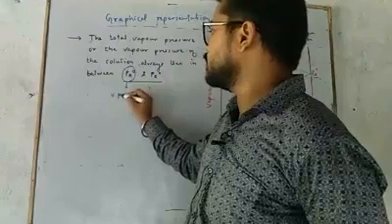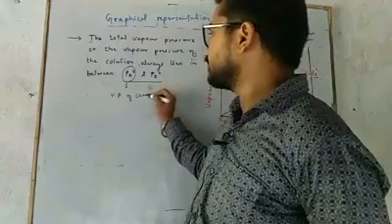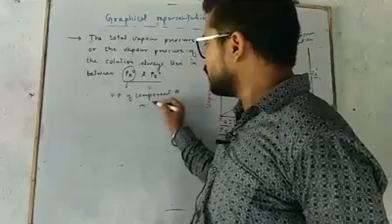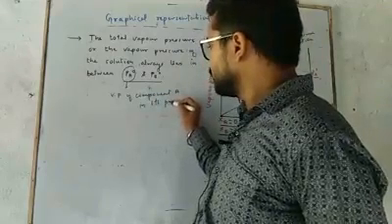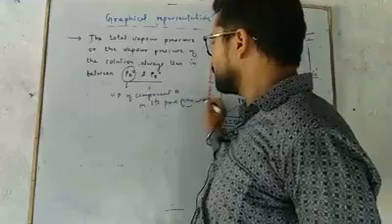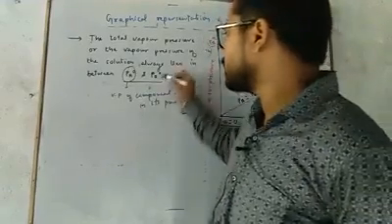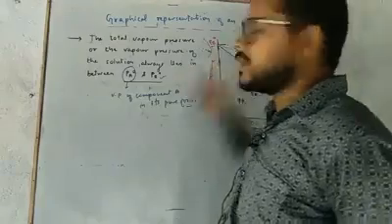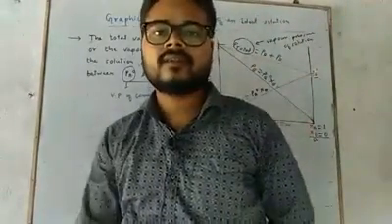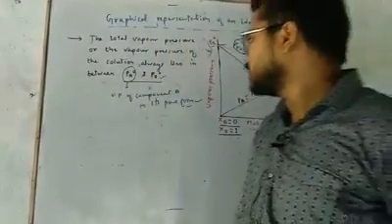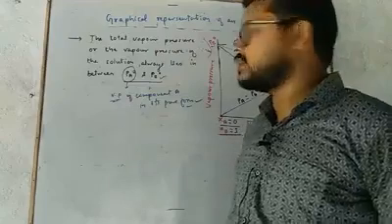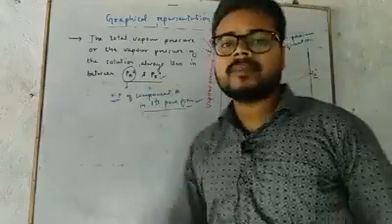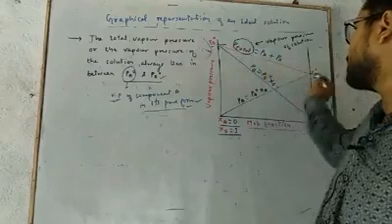Just try to remember. And PB0 is the vapor pressure of component B in its pure form. So the total vapor pressure of the solution will always be less than the vapor pressure of component A in its pure form, and the vapor pressure of component B in its pure form. Okay, this is indicating this graph.